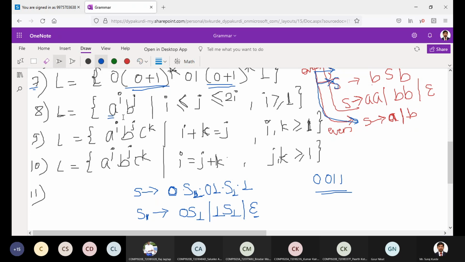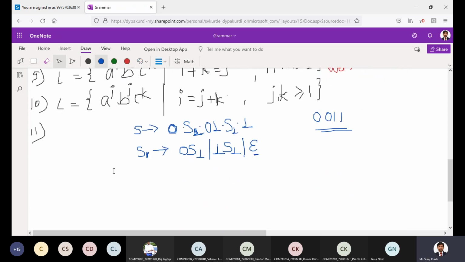The eighth one: the number of A is less than or equal to the number of B. The number of B can be less than or equal to twice the number of A. That means, what are the possibilities? If I have 3 A's, it can have 3 B's.